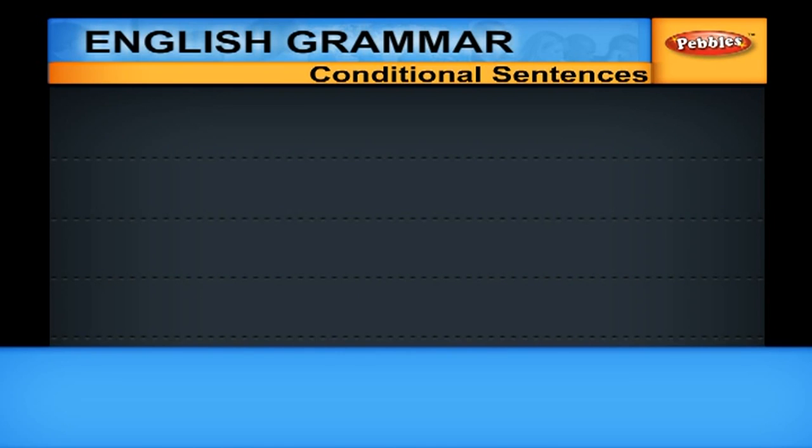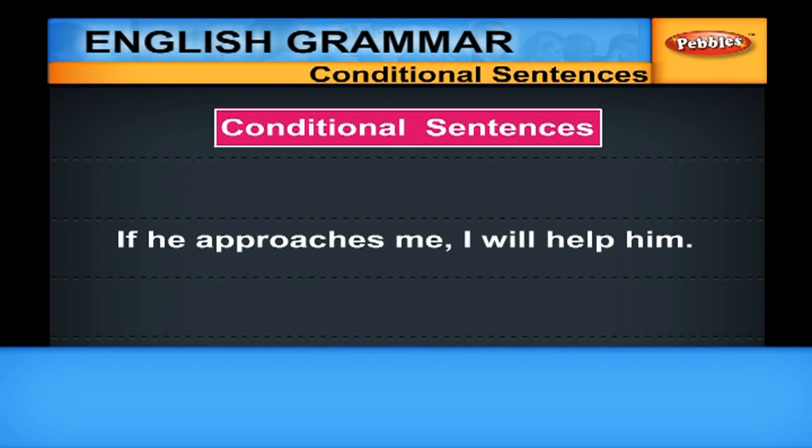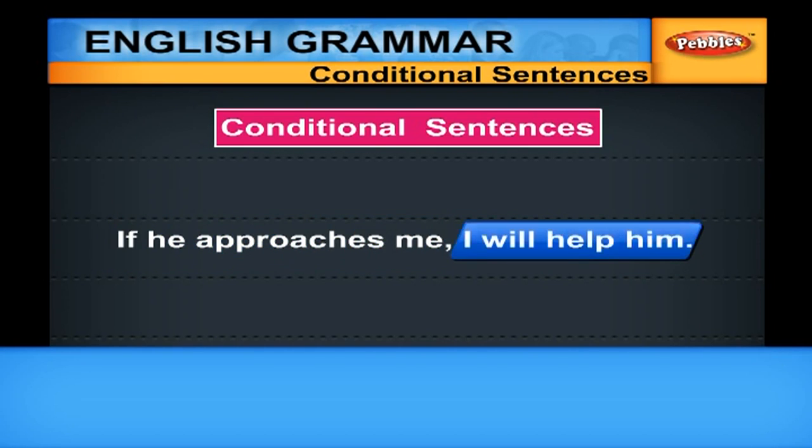Now, we are going to take up conditional sentences for our study. Conditional sentences have a special verbal structure. A conditional sentence is one in which you have a conditional clause, what you generally call the if clause. If he approaches me, I will help him.